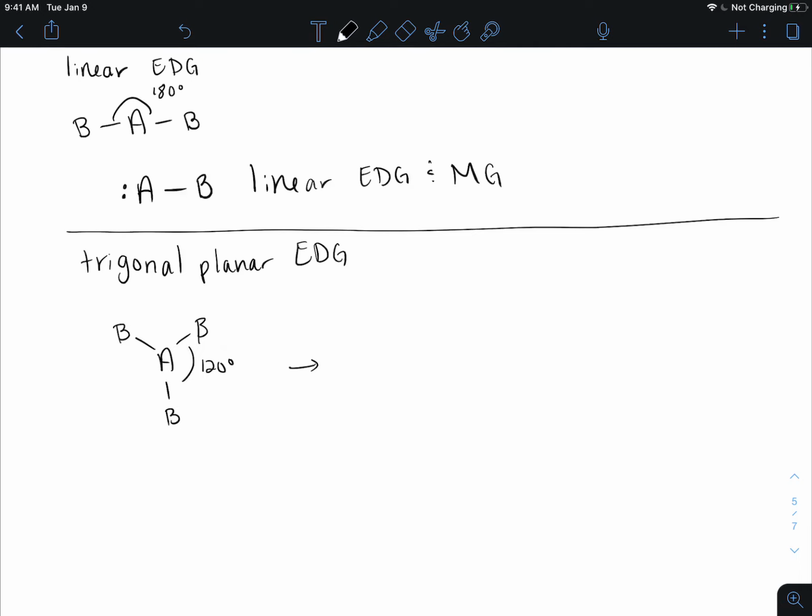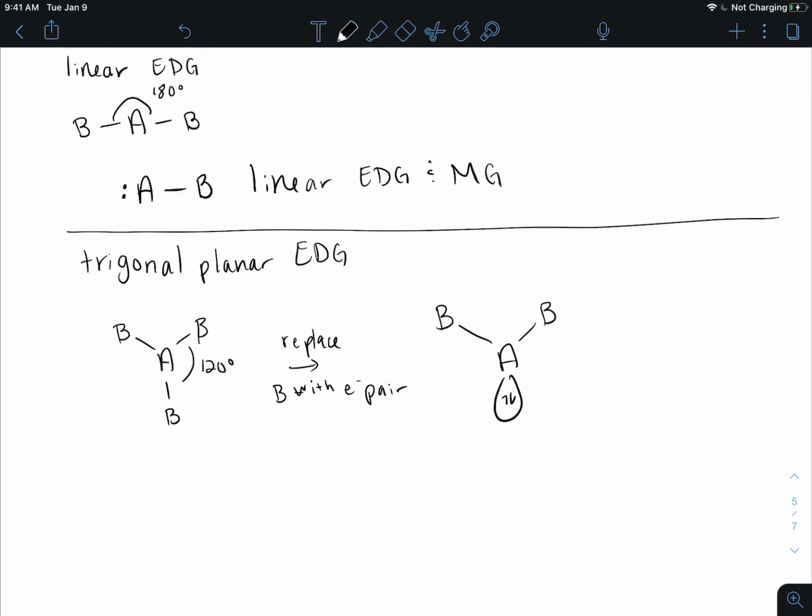If we remove, or let's actually go with replace, we're going to replace B with an electron pair, and we get this right here.